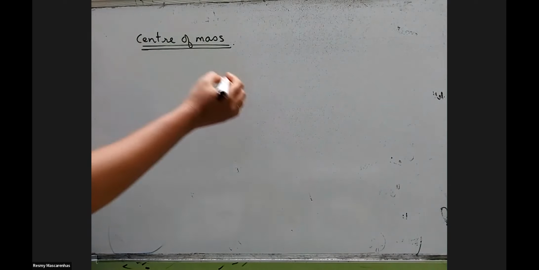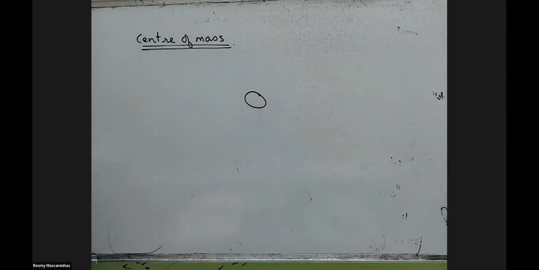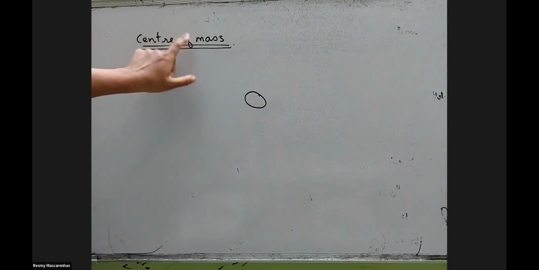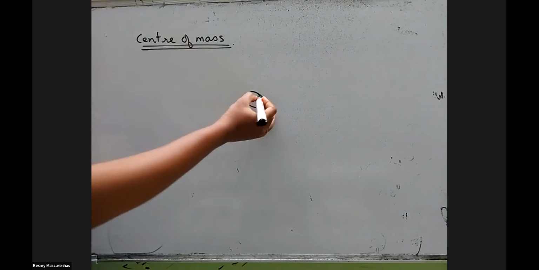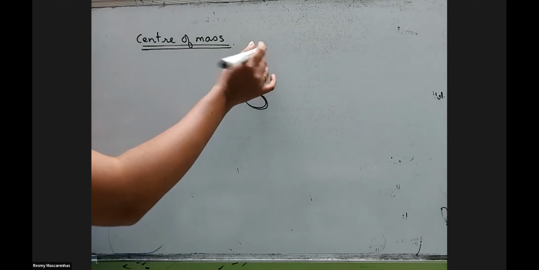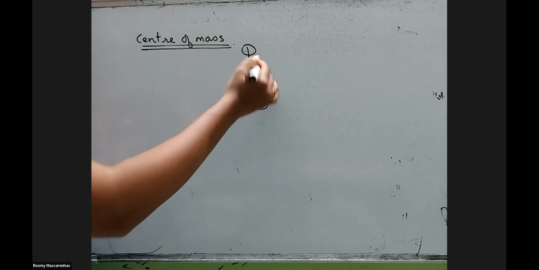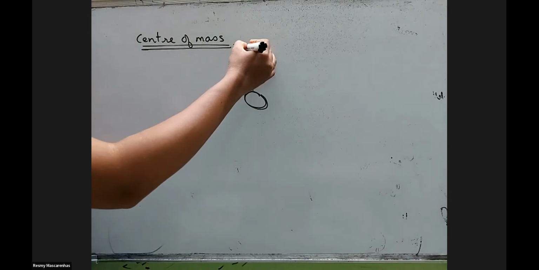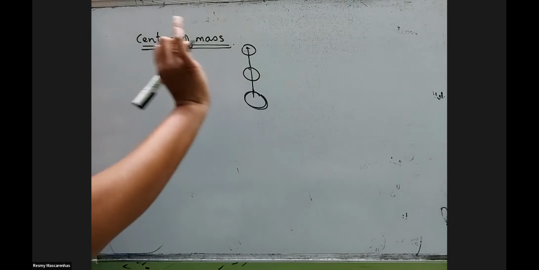Just try to imagine you have a ball. Why do we take center of mass, and why is it important to study the center of mass? If you have a ball, you simply throw it up. You just go straight up, suppose, then it becomes easier. So this is a straight path. This is normal.